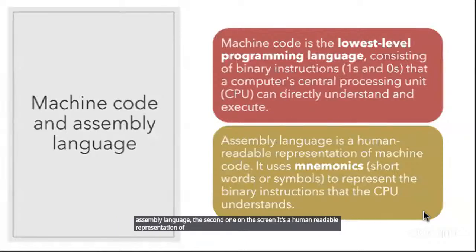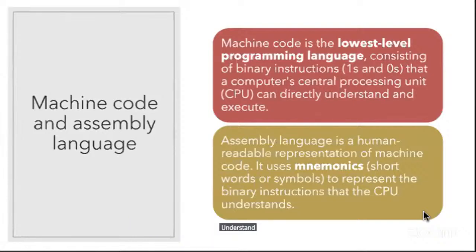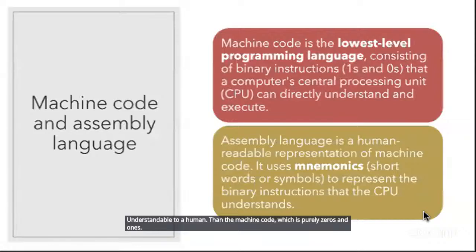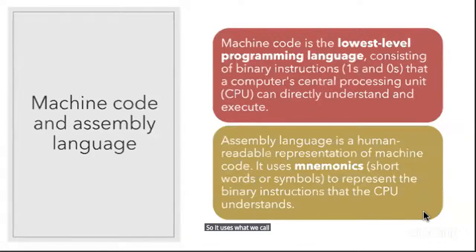It's a low-level language, yes, but a little more understandable to a human than machine code, which is purely zeros and ones. It uses what we call mnemonics, symbols, to represent binary instructions for the CPU. While it is still a low-level language, it is far easier to read and write compared to machine code. So this is another way information is represented.